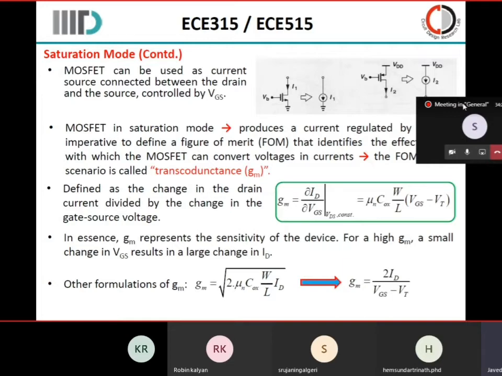Or the other most elegant way that people use, which is process independent and geometry independent and depends only on the current and the VGS value, is this one. So Gm equal to 2 times ID over (VGS minus VT).